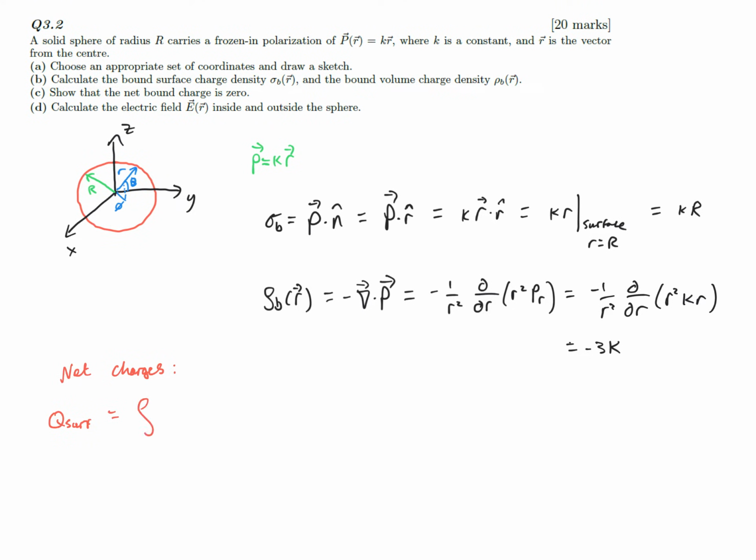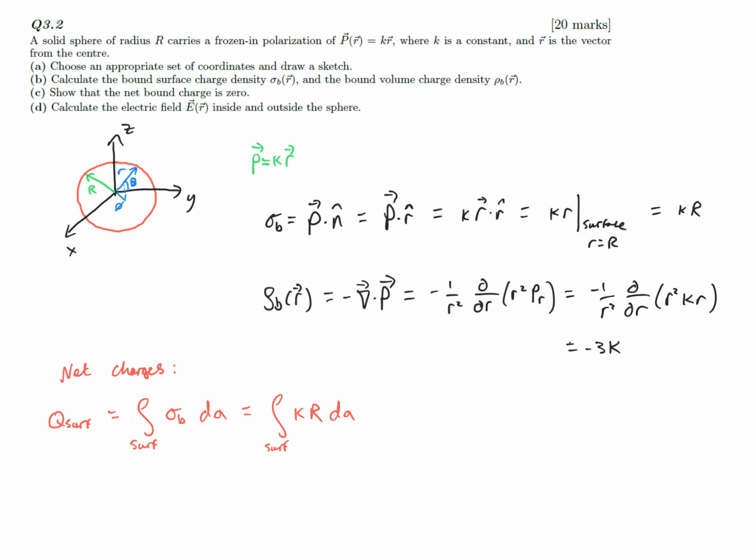That's going to be the integral over the surface of the surface charge density rho b, integrated over the area dA, and we've just worked out the surface charge density, which is kr, and we know the surface area of the sphere, which is 4 pi r squared, and r is capital R, so I can just do this directly.